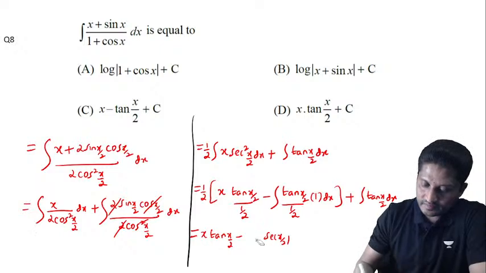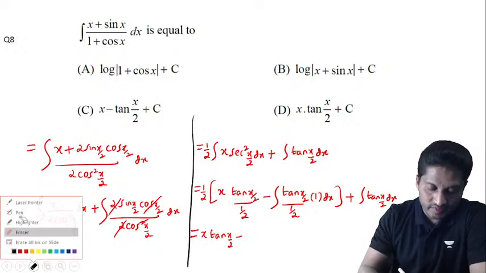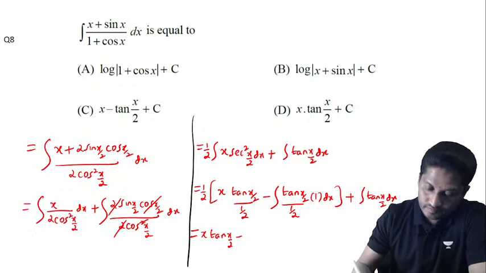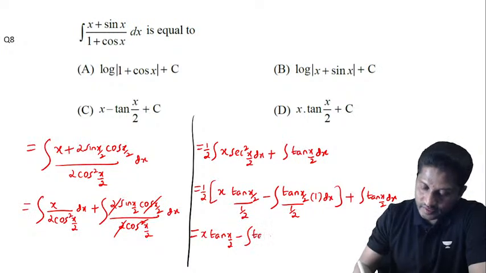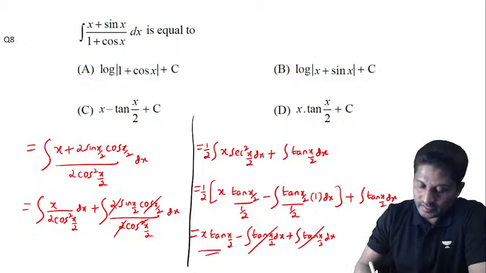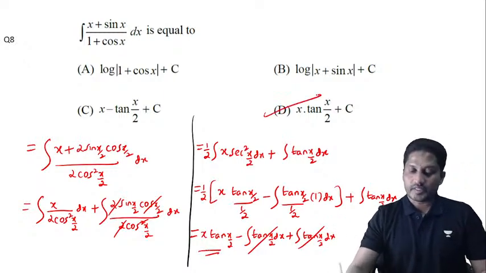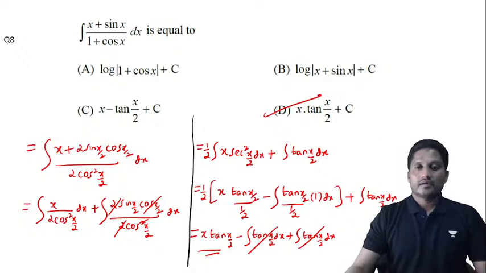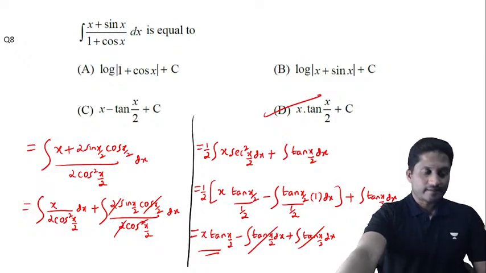Open the bracket. Half will cancel with half. You will get integration of tan x by 2 dx plus integration of tan x by 2 dx. This fellow will cancel. You will get x tan x by 2 plus c. Last option D. Right, let's move to the next question.